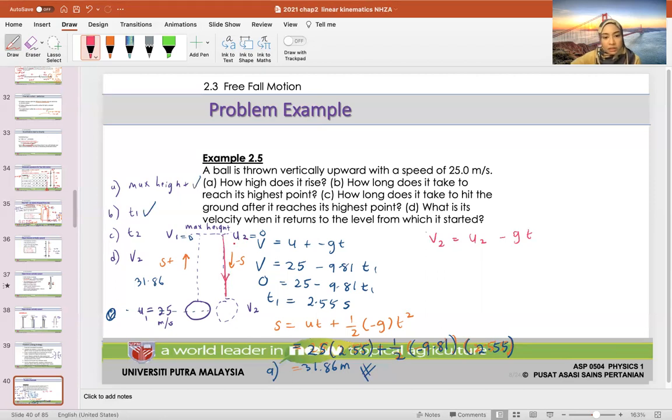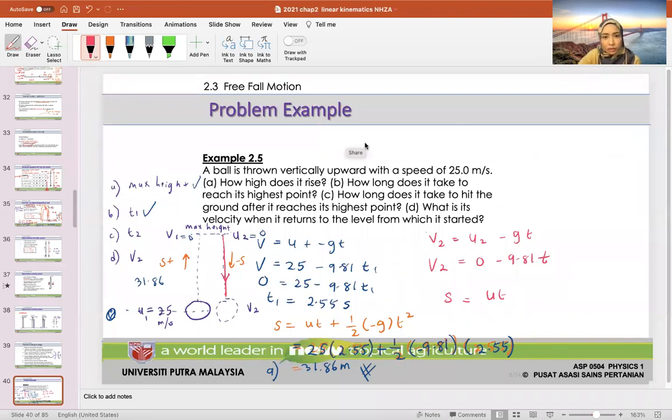My velocity starts from 0, ends up at some value that I don't know. So V2 tak tahu, U2 is 0 minus 9.81 T. T I also don't know, supposedly lah. Okay, so we'll just leave this one first and then we'll use this one again. S equals to UT. So I have a chat here. Ada orang nak jawab ke?